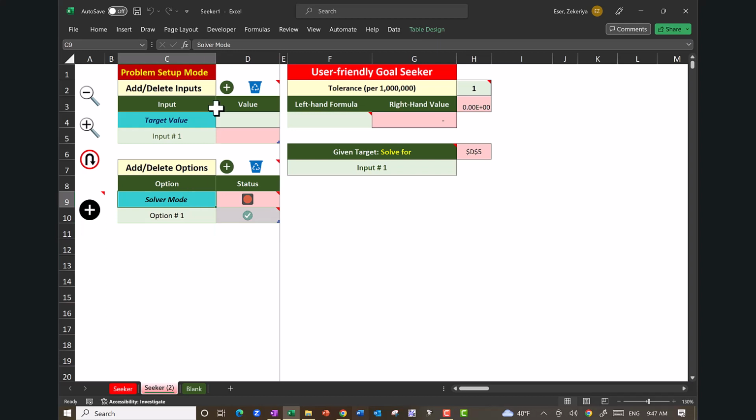On this solver mode, F equals, if the square light is green, which happens when it is 1, I'm going to be in solver mode, otherwise in setup mode.